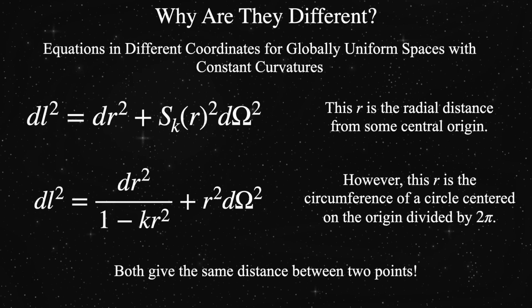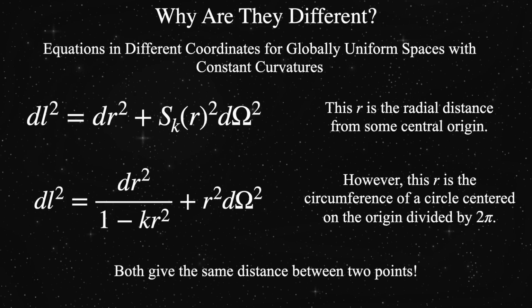It's the distance from the origin to the point in question. In the reduced circumference polar coordinates, the little r is the length corresponding to the circumference of a circle centered on the origin divided by 2 pi. These two definitions of little r are not the same. They can't be used interchangeably, but the dl squared that they give rise to is exactly the same.